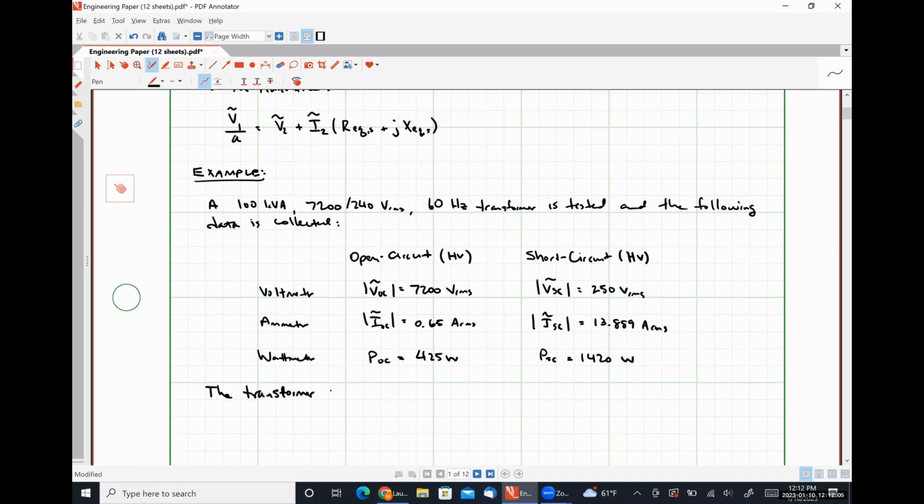The transformer is connected to a full load, which means it's delivering rated voltage and current at the secondary.